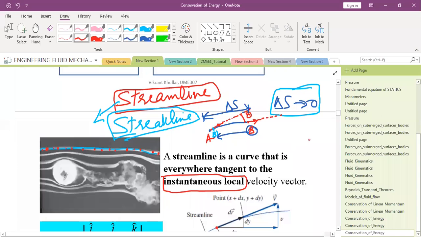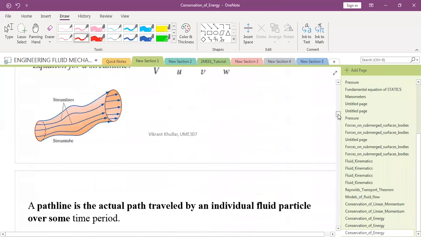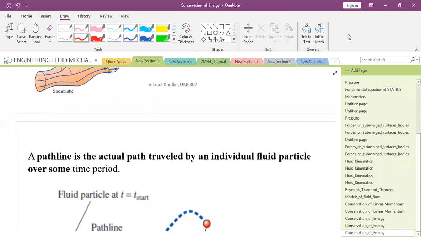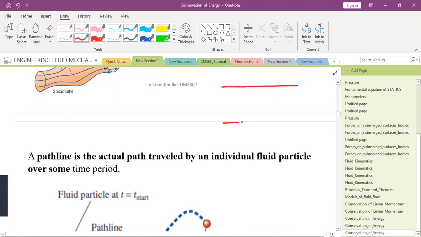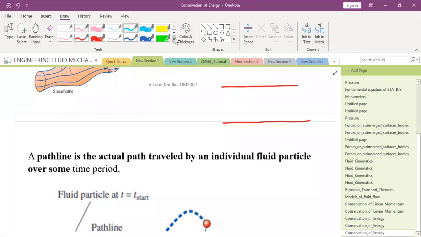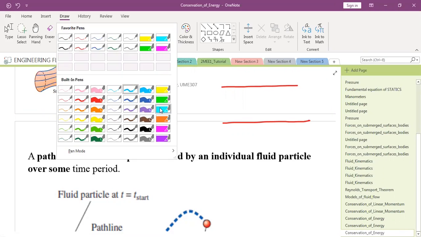Streak line. I have already pointed out that if this was a streamline, then first, you have this flow, and you want to render some part visible to you. So if this was the fluid, I'm marking this as the fluid.